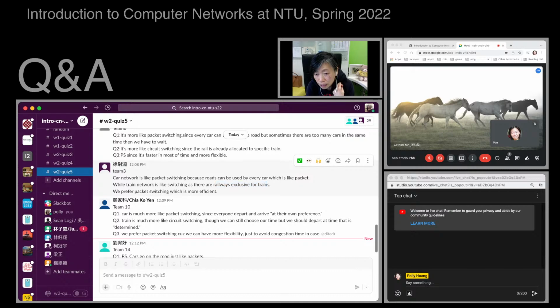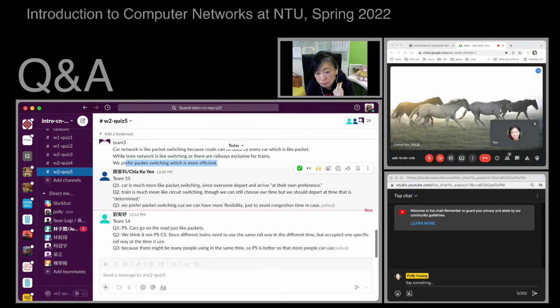All right. Packet switching because it's more efficient and flexible. Team 10 here: cars are more like packet switching. Interesting, that's another way of saying flexibility. You can go any way dynamically.